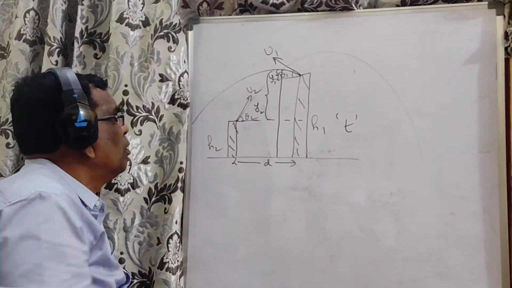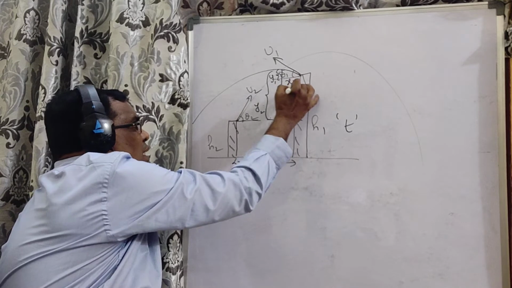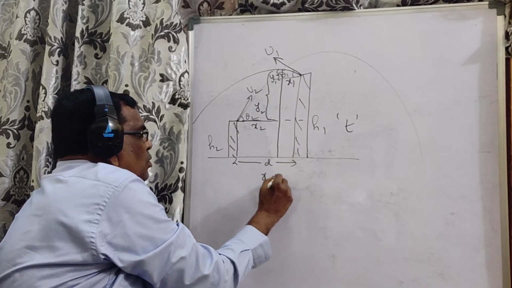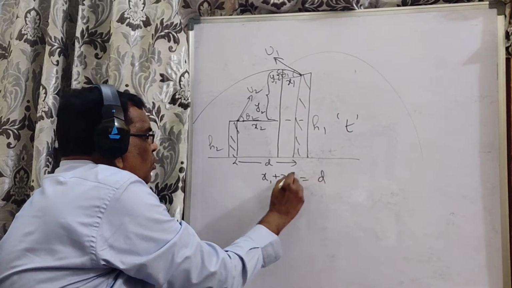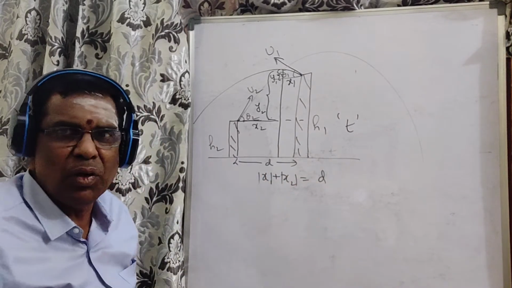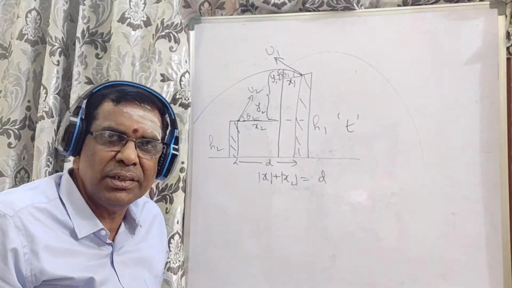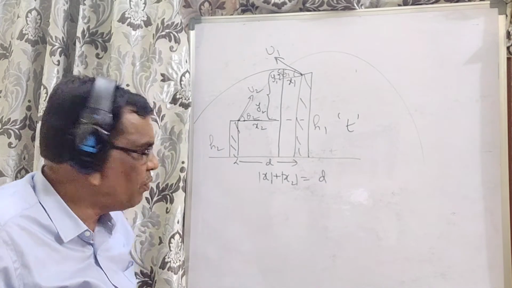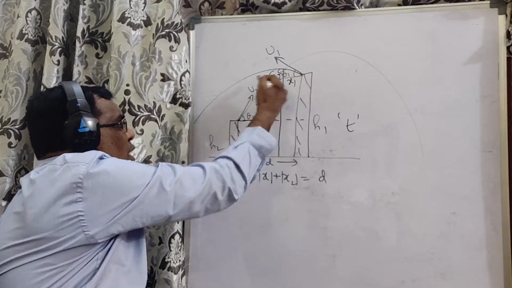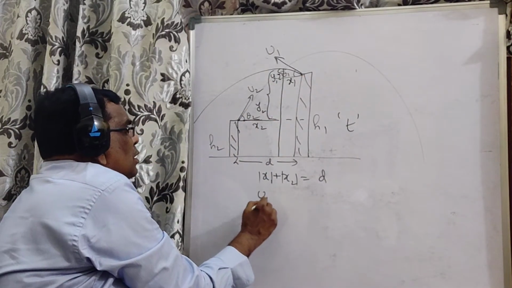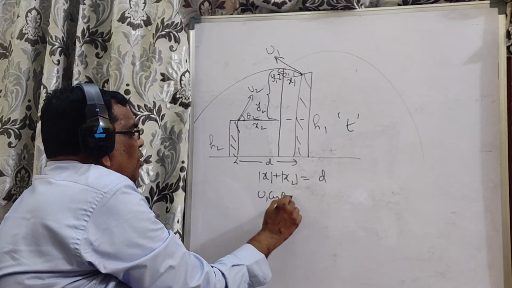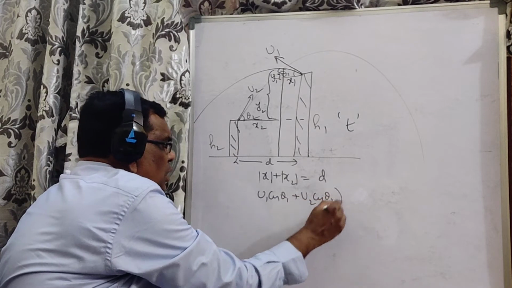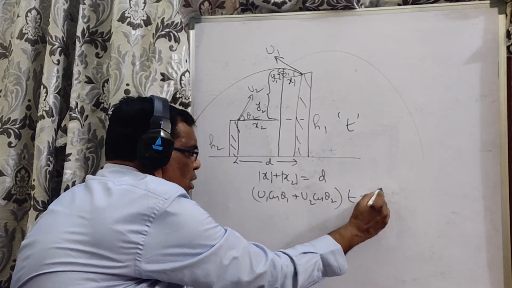So if this is x1, this is x2, x1 plus x2 must be equal to d. Don't take any sign conventions here. So x1 plus x2 must be equal to d. And if I take modulus, what is x1? Directly you can write u1 cos theta 1 t plus u2 cos theta 2 t is equal to d.